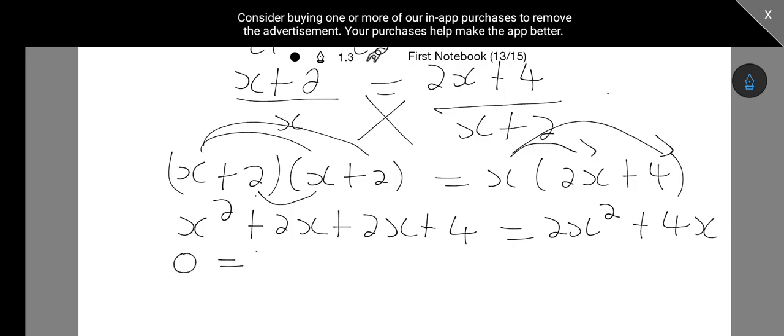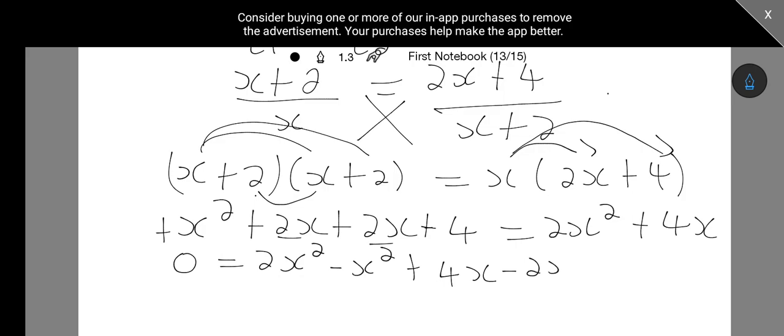Now we're going to say that 2x squared minus x squared, because the x squared is going to the right hand side, will change from being positive to negative. Then on the right side we had 4x, and then we're going to take the 2x and the 2x to the right hand side, and they will change signs as well.